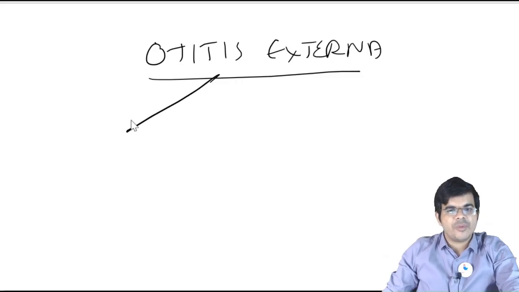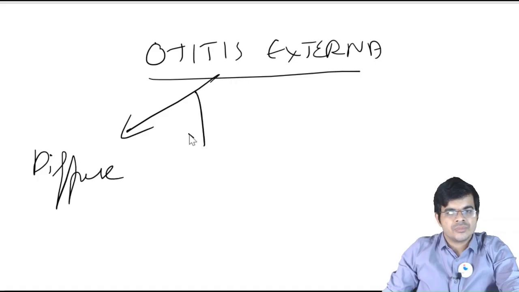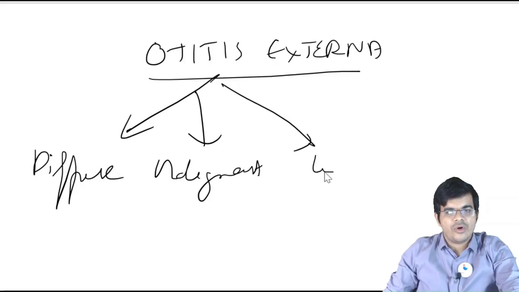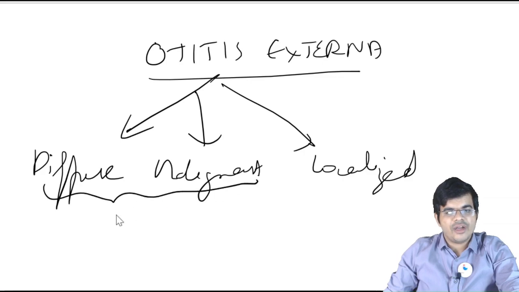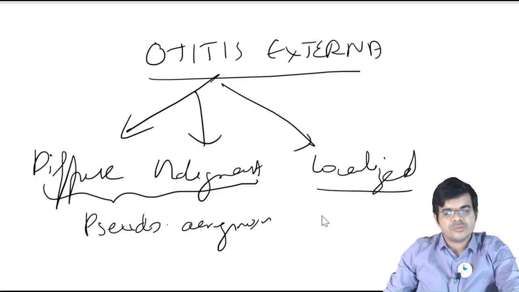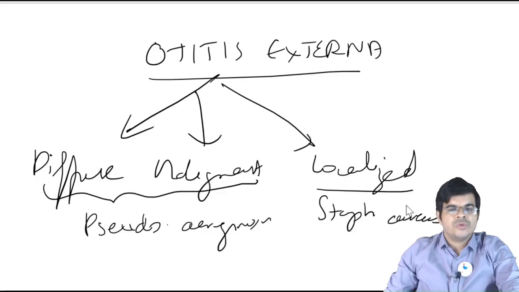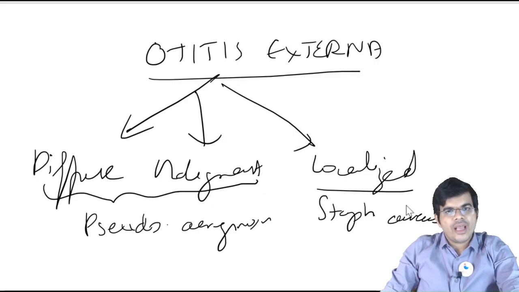And this otitis externa can be divided into diffuse, malignant, and the localized type. And this diffuse and malignant one is being caused by Pseudomonas aeruginosa and localized by Staph aureus.